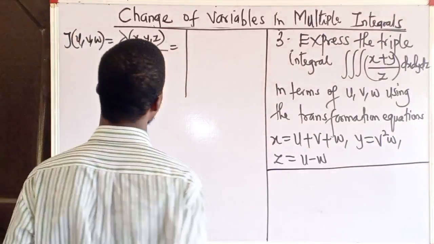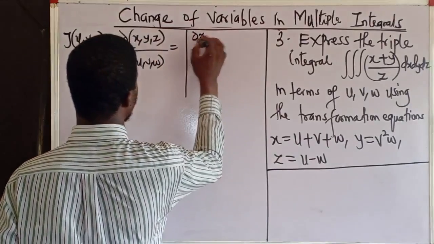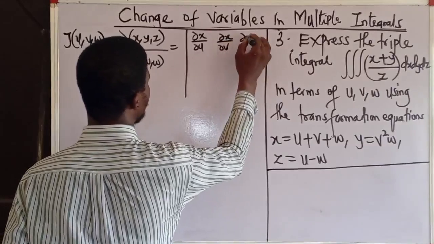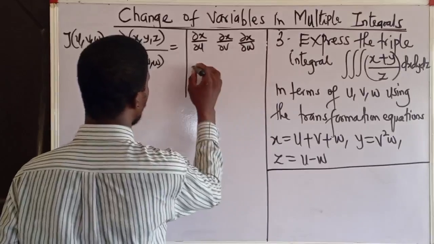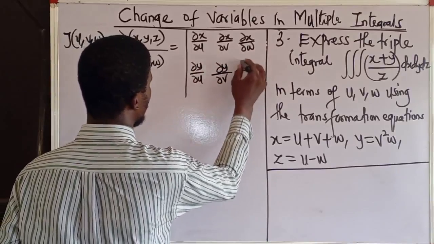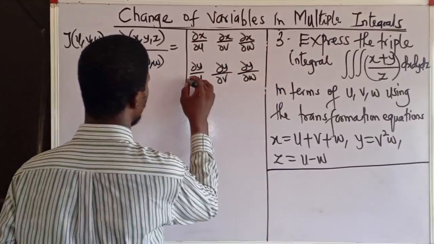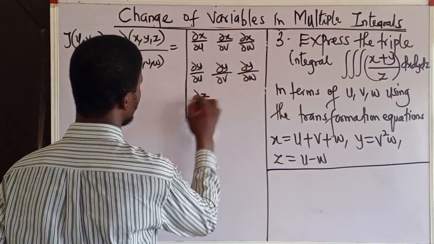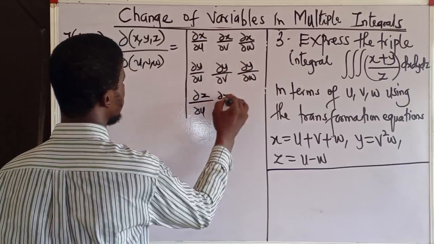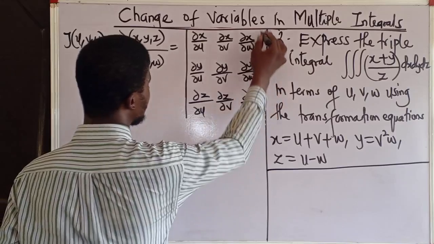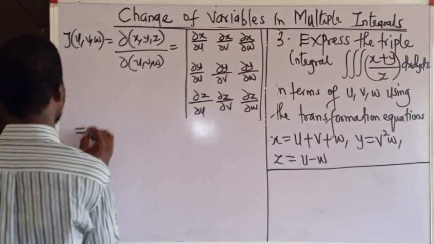We have partial x partial u, partial x partial v, partial x partial w, partial y partial u, partial y partial v, partial y partial w. Then we have partial z partial u, partial z partial v, partial z partial w. So what's this?